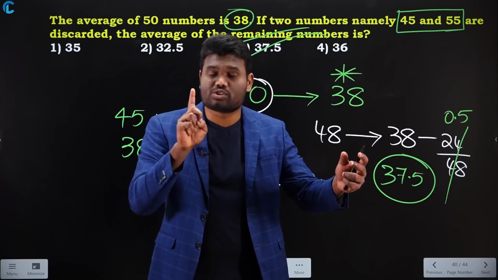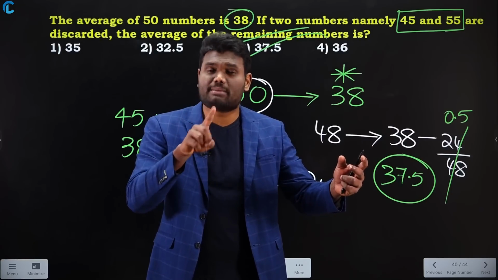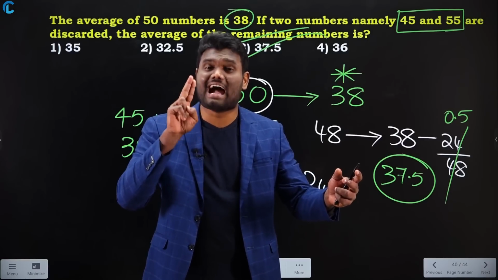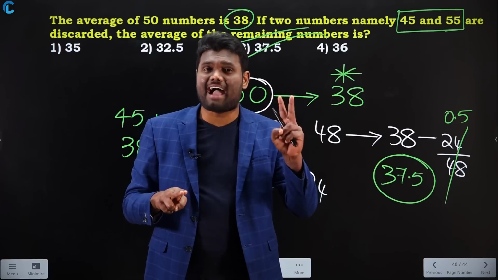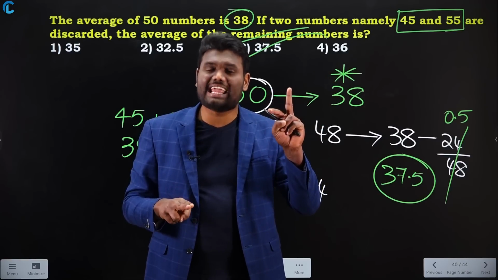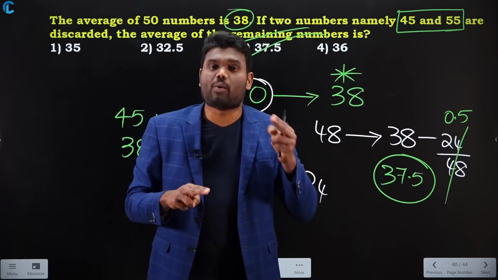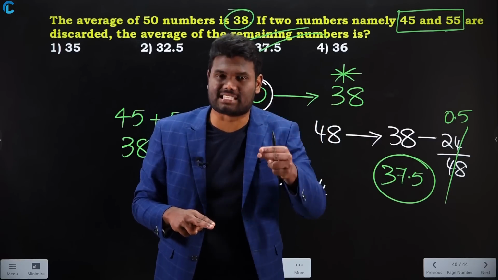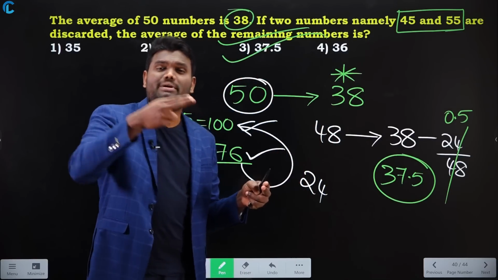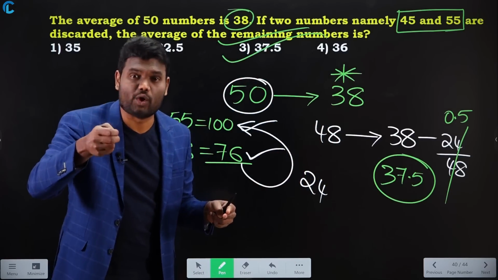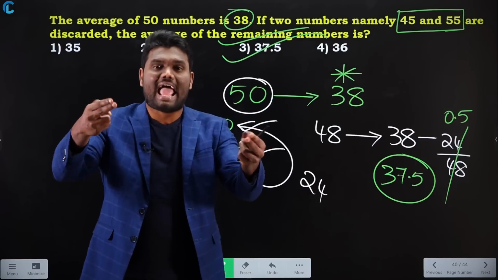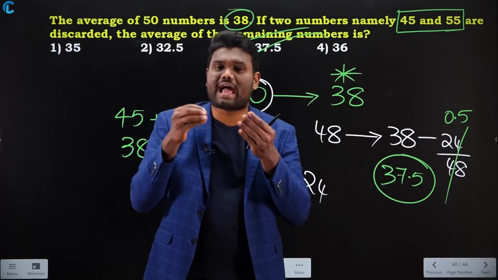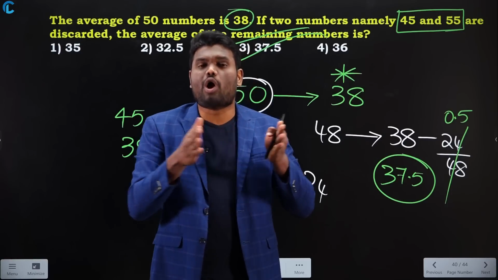But those numbers are 45 and 55, which is 100. As per the average, those 2 numbers should be 38 plus 38, 76. So the sum discarded is 100, which is 24 more.